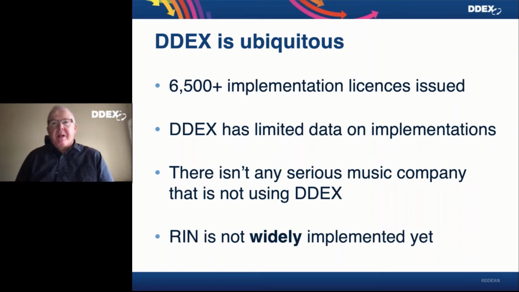DDAX itself doesn't have any detailed information about implementations, but we do obviously know that companies and certainly members of ours are exchanging data using DDAX standards, but we don't have specific information. But at least the ERN standard, the electronic release notification message, and the digital sales report are very, very widely deployed throughout the world. And then there are pockets of use of the other standards that we've developed.